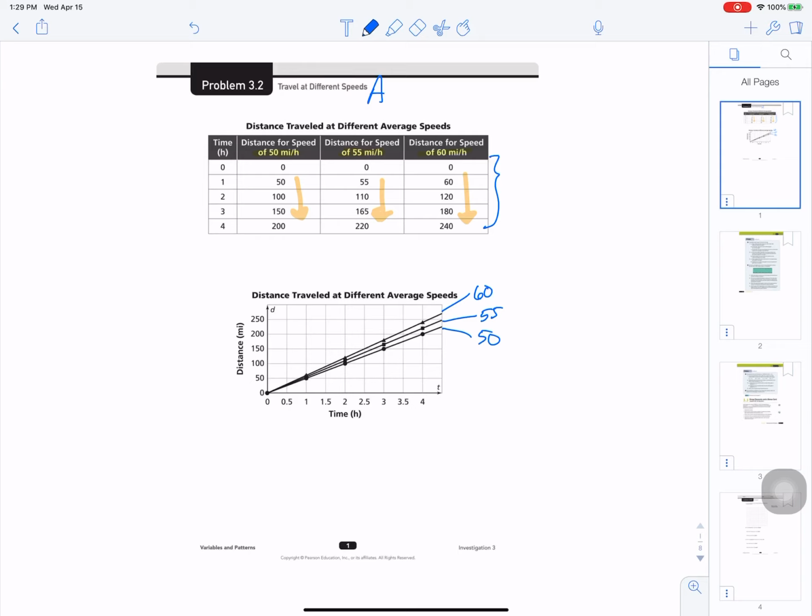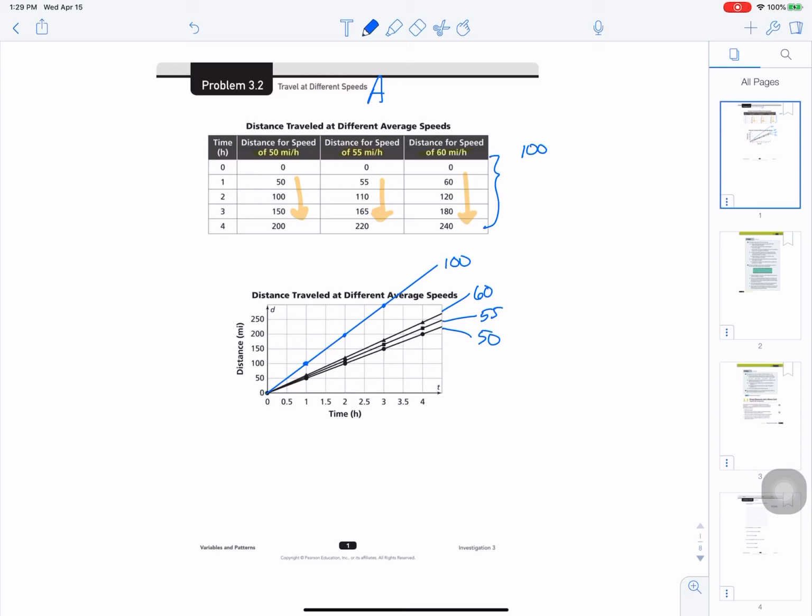And if we had someone really speeding and they went 100 miles per hour, you'd see that their graph would look more like that right there. And yeah, that's not legal, but maybe if you were a professional NASCAR racer or something, I think they go faster than that. But you could see the faster the speed, the steeper the graph.